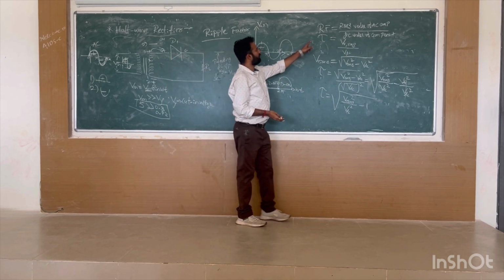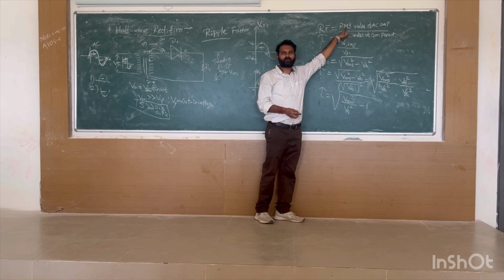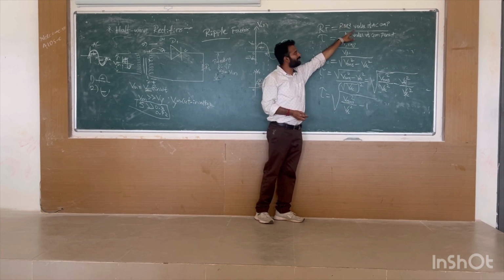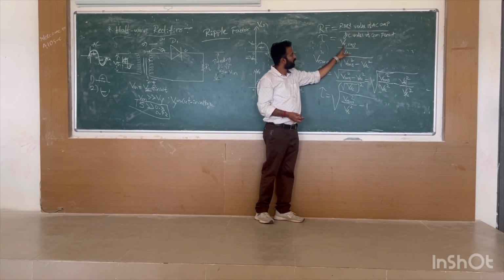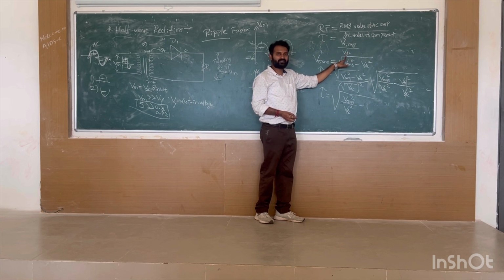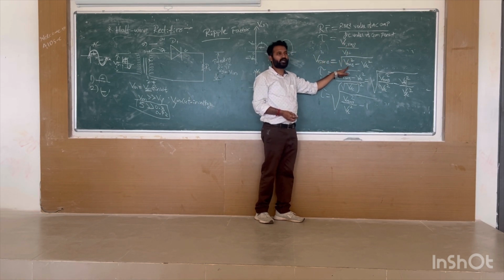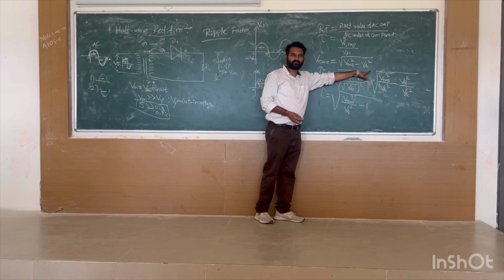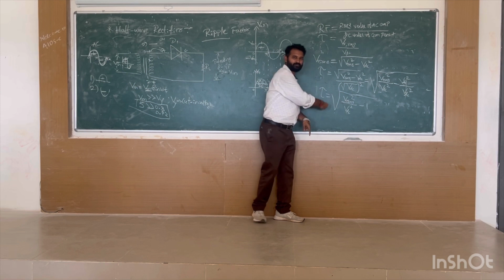One more time: ripple factor means the RMS of the AC component to the DC value. V_r,RMS divided by V_DC. V_r,RMS is a direct formula, the square root of V_RMS squared minus V_DC squared. If you substitute this, you will get tau equal to this.